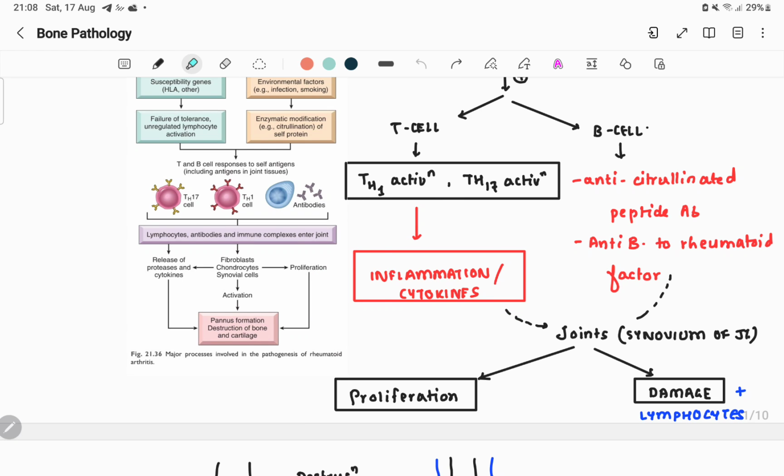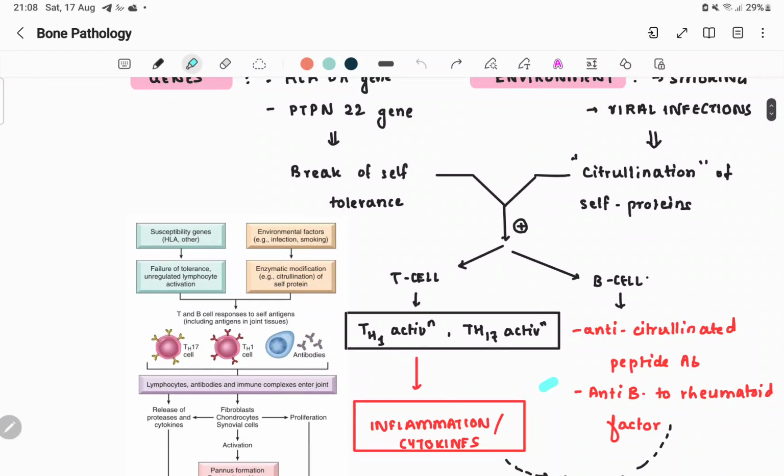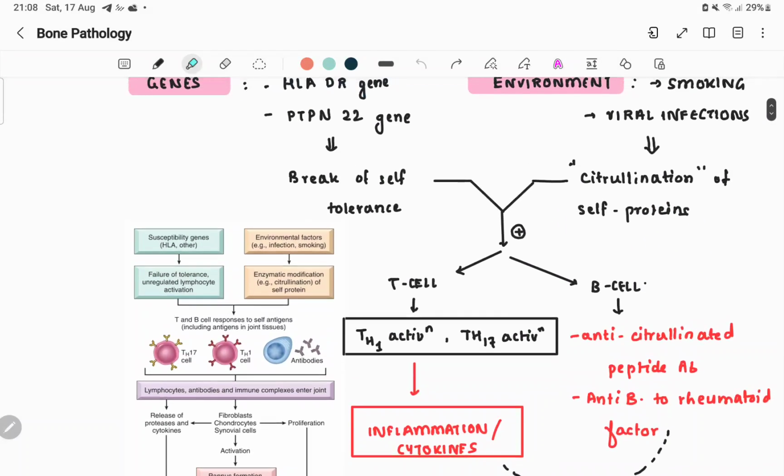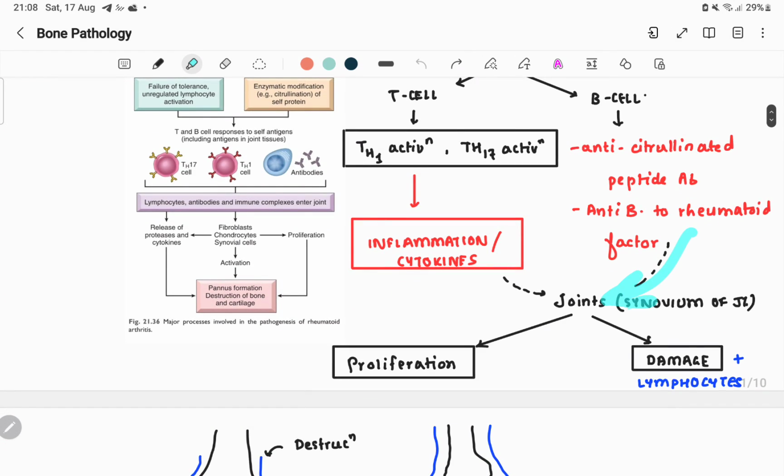There is more inflammation, more cytokine release. The B cells will cause formation of anti-citrullinated peptide antibodies, since there is citrullination of cell proteins, and the cell proteins will start being destroyed, right? And antibodies to rheumatoid factors are also there, so they will affect the joints.